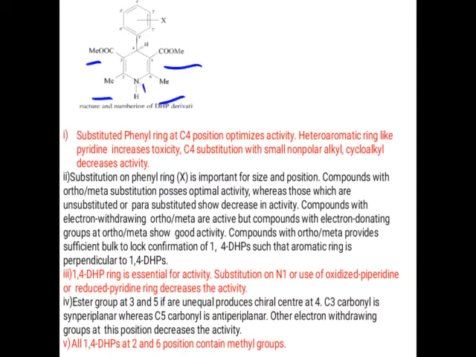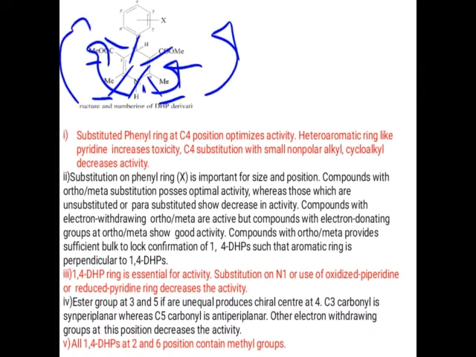The numbering starts from this nitrogen. If we start, this is 1, this is 2, this is 3, this is 4, this is 5, and this is 6. You can number either in this direction or in that direction.